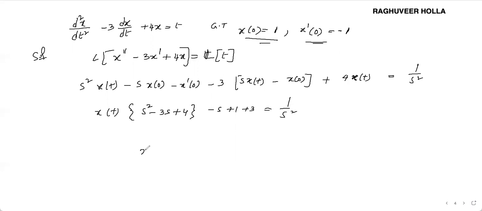So after simplifying, x of t will be 1 plus s cube minus 4s square divided by s square and s square minus 3s plus 4. Now we'll use partial fractions here.